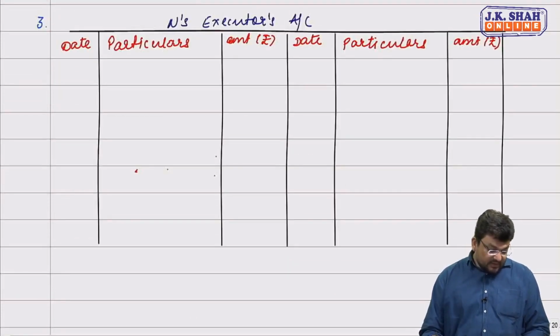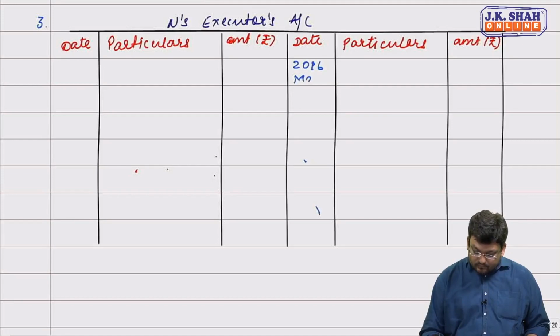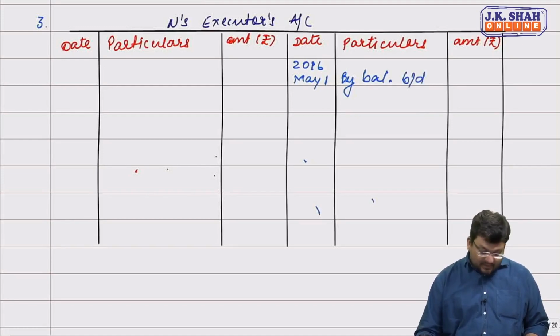We are preparing this account on 1st of May 2016. N died on 1st May 2016. On 1st of May, the balance in his capital account, N's capital account, is 60,000.